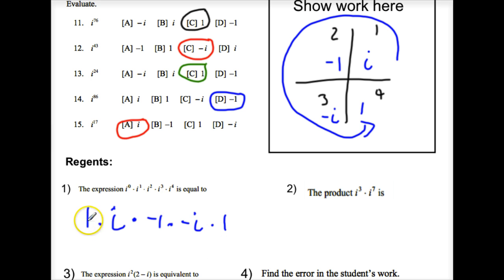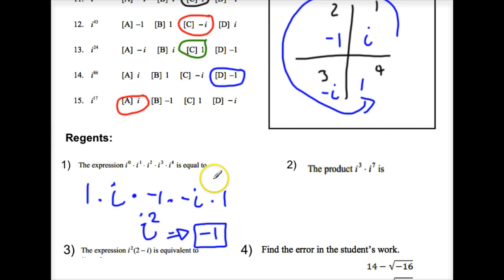So let's multiply this. 1 times I is I, times negative 1 is negative I, times negative I is I square, times 1 is I square. We know I square can be simplified to negative 1, and that's my final answer.